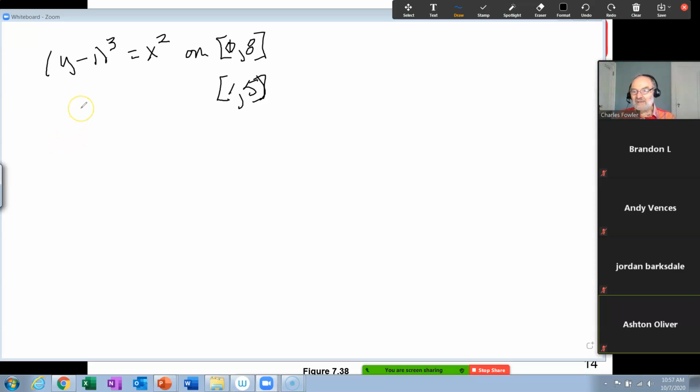So if you re-express this as x is equal to y minus 1 to the 3/2 power on this interval of y, so these are your y values. We don't usually write it that way, but that's what it would be. All right, well, let's see what we're going to do.